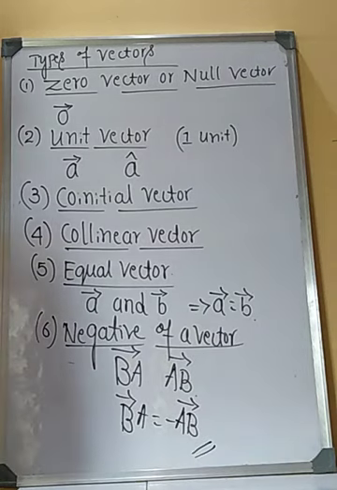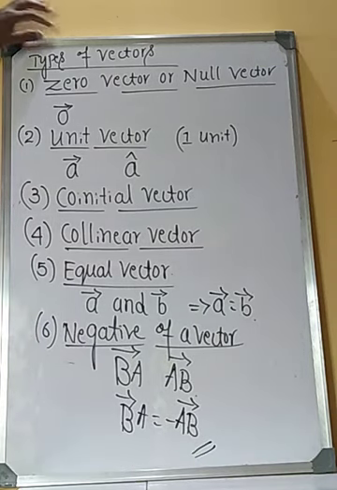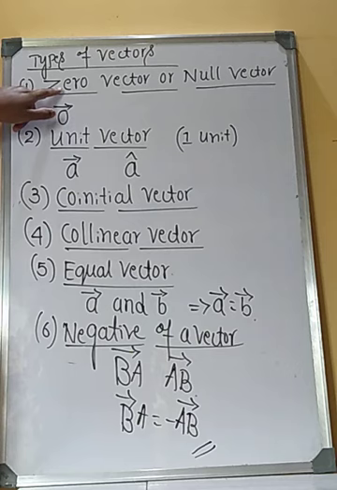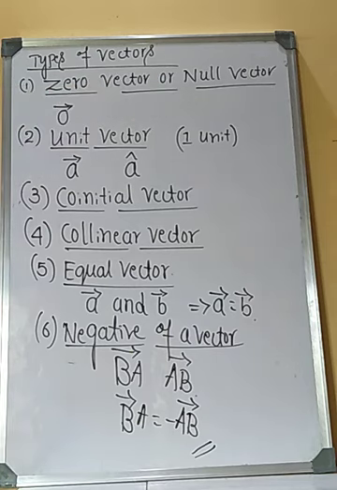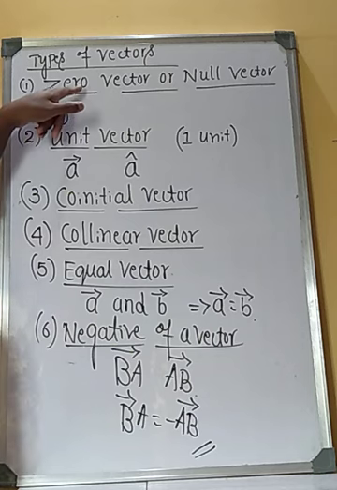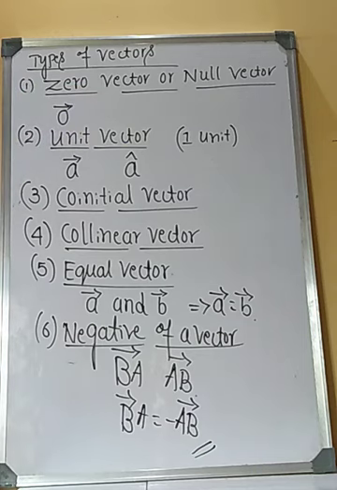So once again, types of vectors. First one, zero vector or null vector. A vector whose magnitude is zero is called a zero vector or null vector. In a zero vector, the initial and terminal points coincide.